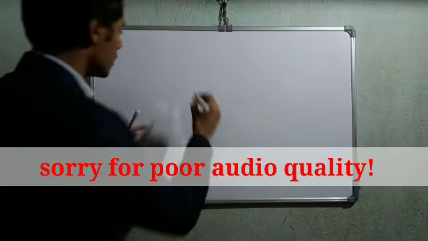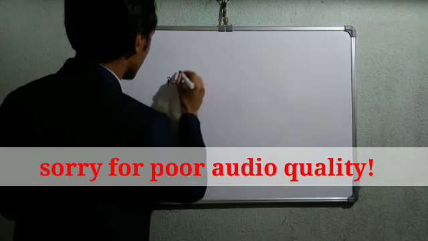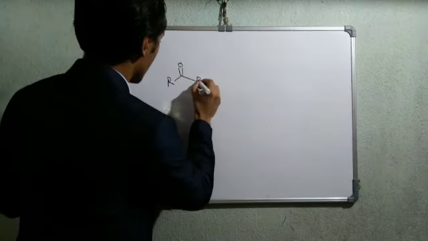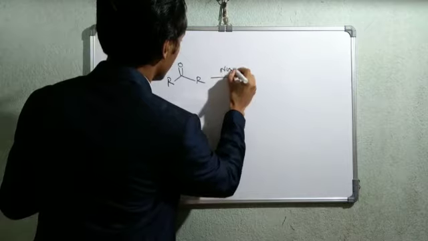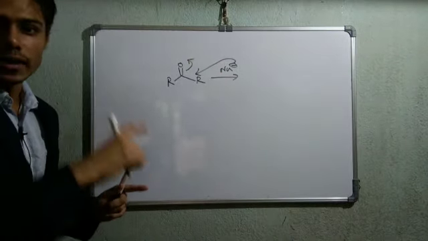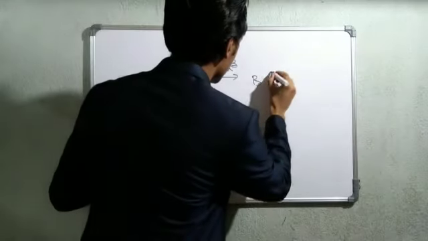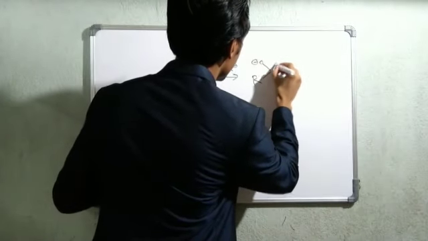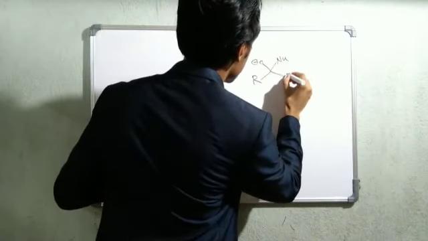So in the previous video, I discussed that when you have a carbonyl compound and a nucleophile, the nucleophile will readily attack the carbonyl group at the pi star orbital to give you an intermediate like this.